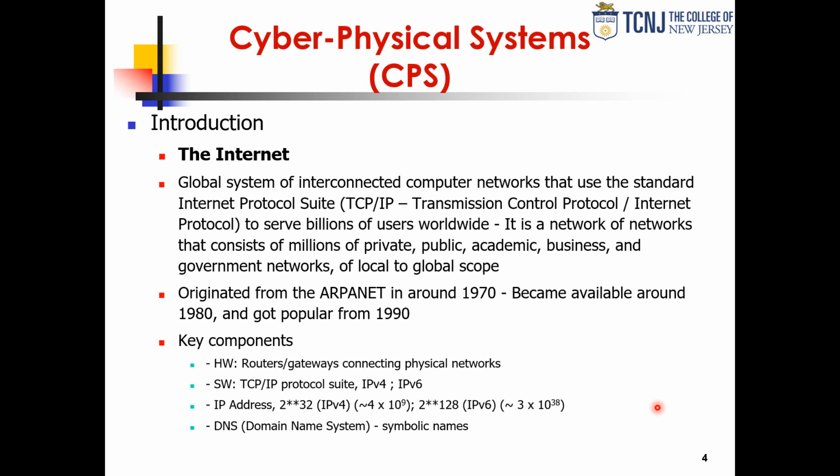So this vast internet network consists of millions of private, public, academic, business, and government networks that are globally deployed. So they connect via different appliances, like gateways, for example. From a hardware perspective, some of the hardware that is employed in configuring and deploying the network are routers and gateways.